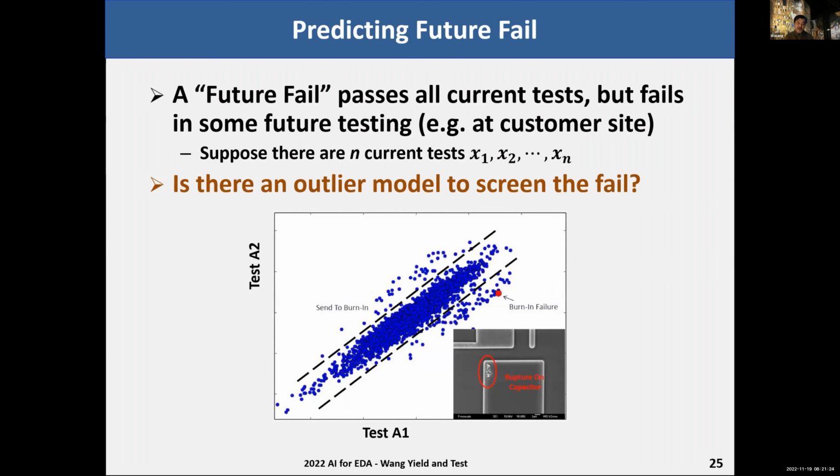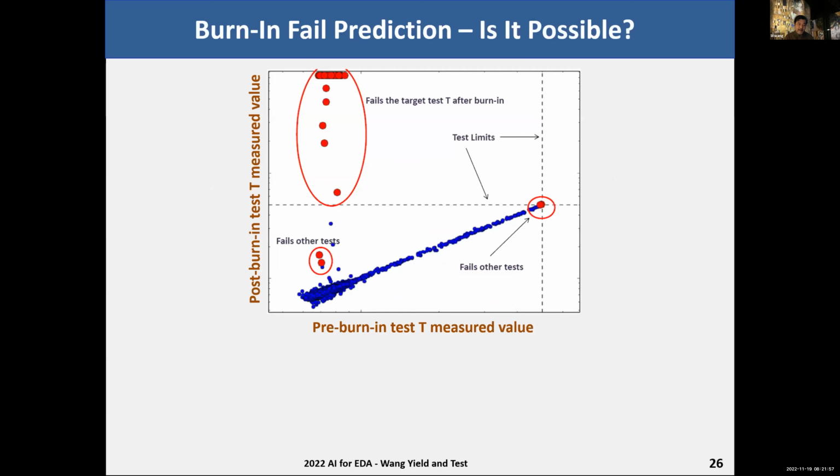For example, this picture shows a burn-in fail, and every dot on this picture is a part. Test A1 and test A2 are tests done at the wafer probe. These are before the burn-in. And the red dot is a known future fail, or known burn-in fail, shown like an outlier on this chart. The failure analysis results shown on the bottom right confirm the fail. You can see there's some kind of impurity there in the pictures.